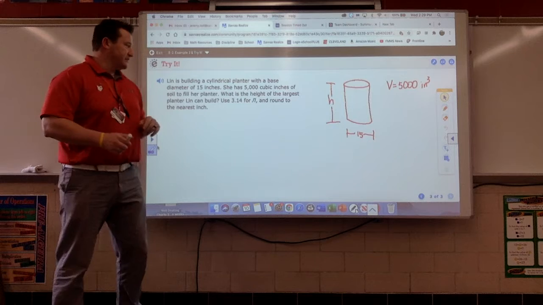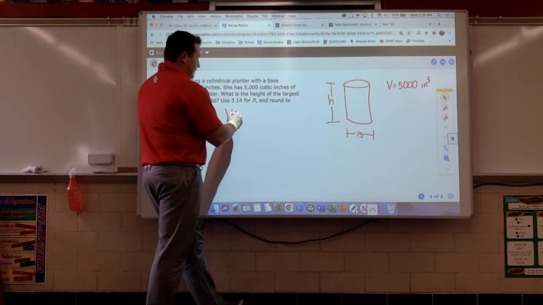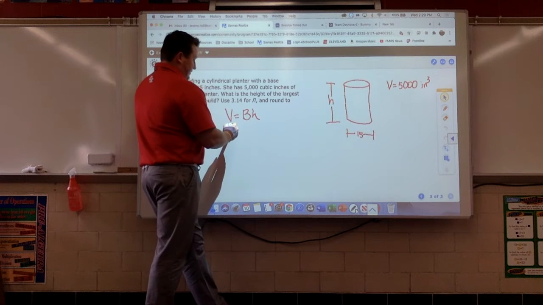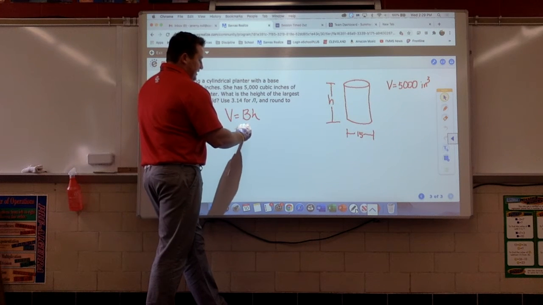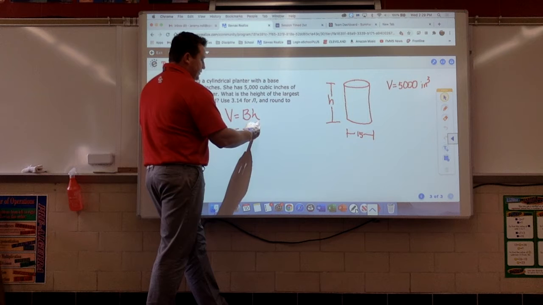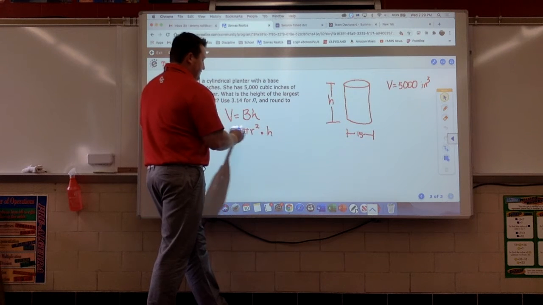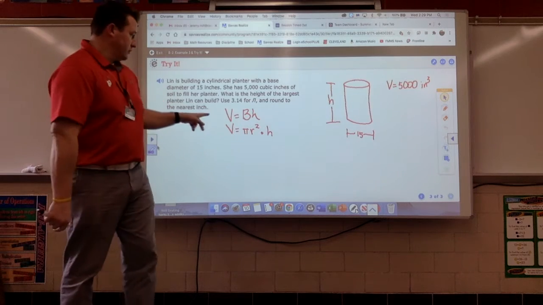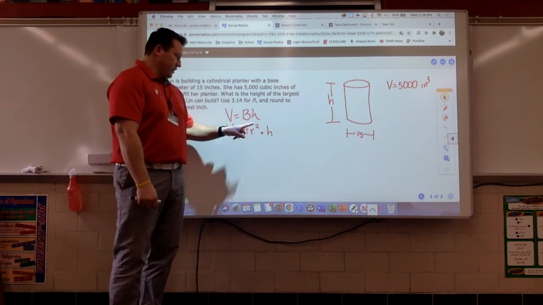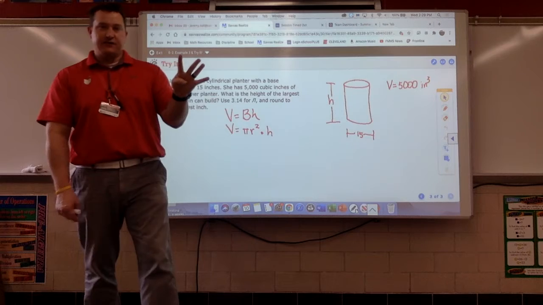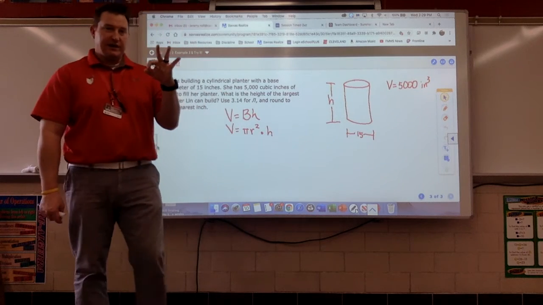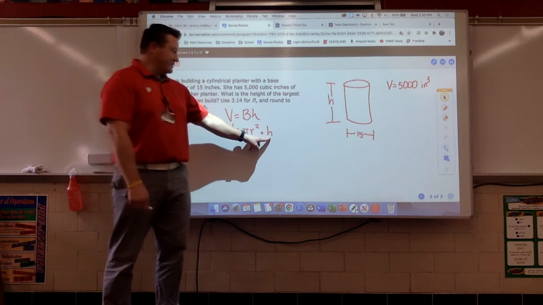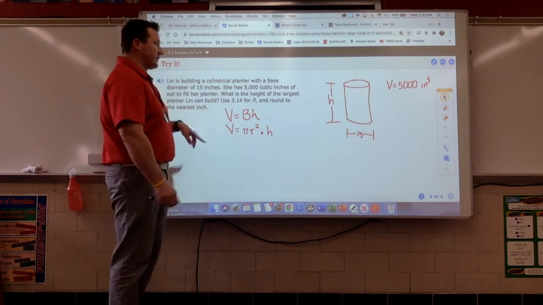So the volume of a cylinder, you're going to get tired of writing this out. Again, the book says base times height, right? We know the base is a circle, pi times the radius squared times the height. Okay? We should have 1, 2, 3, 4. So our formula has 4 variables. We got to plug in 3 of them with numbers, okay? We don't know the h, that's the height.